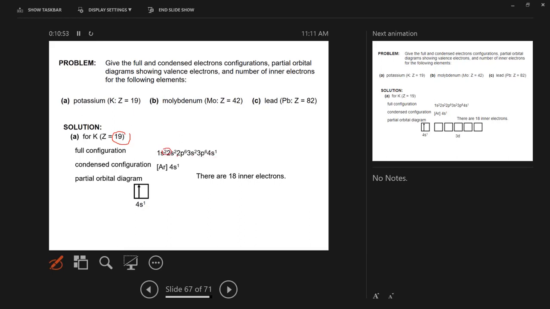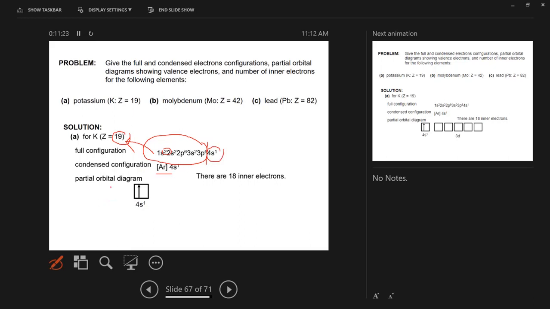You need to total up to get 19: 2 tambah 2, 4, 4 tambah 6, 10, 10 tambah 2, 12, 12 tambah 6, 18, tambah 1, 19. And for the condensed one, cut until here. Part ni saja dia punya configuration sama dengan argon. So ini kita bagi dalam bentuk condensed. So yang selebihnya you kena tulis 4s1.